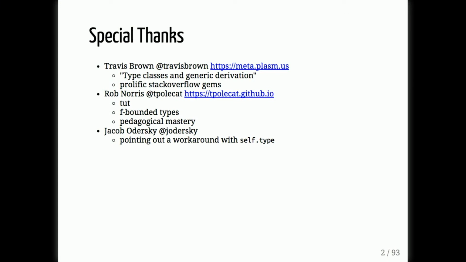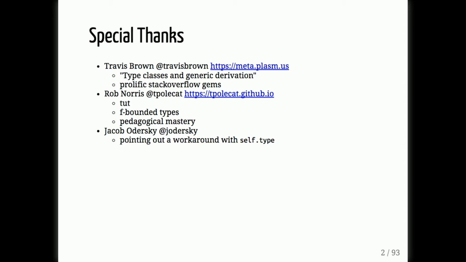But today I'm going to walk through what I feel is a fairly canonical use case for type classes, go through where you want to use them, where you probably don't want to use them, and where you might have to use them. But before I begin, I just wanted to give special thanks to Travis Brown.